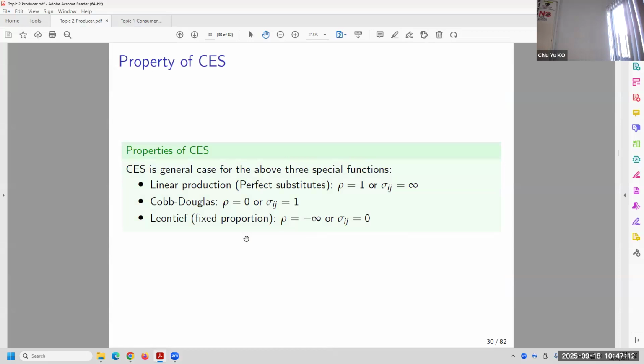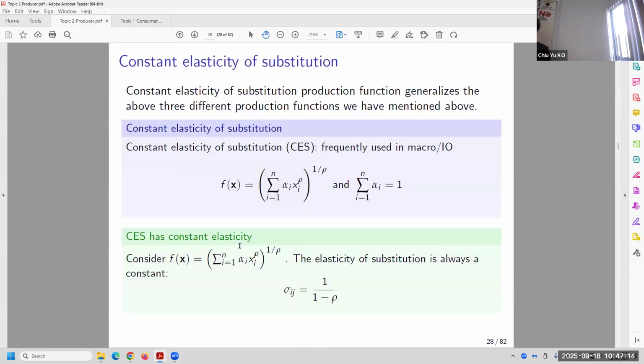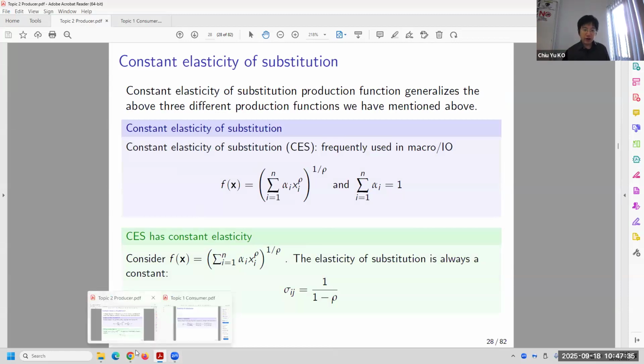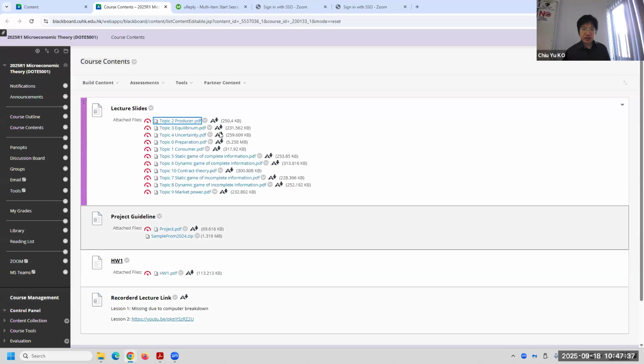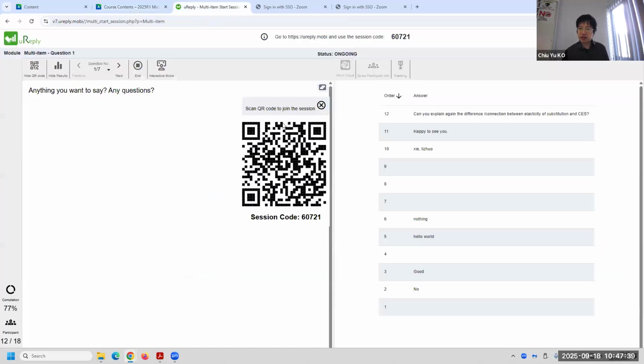You can imagine if I add some more terms here, for example, a linear combination, then you will not follow this shape. So as long as you can make some change, then you will not follow this. CES is not followed. I mean, only in a certain case will you follow it, right? So it's very easy to violate. You can make up a function, then you can violate that.